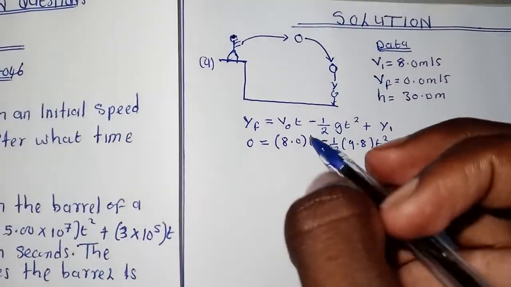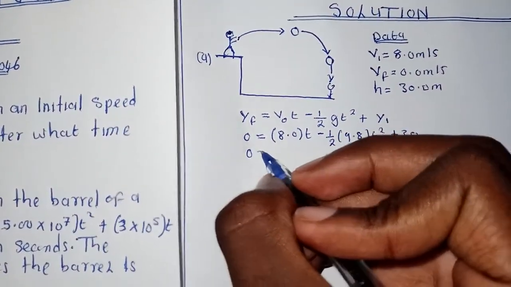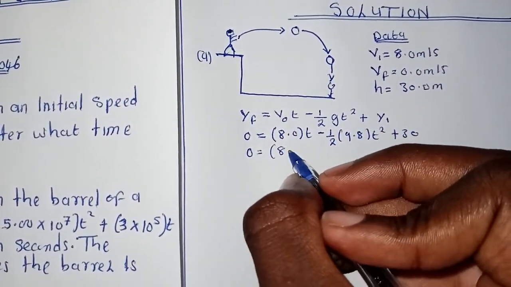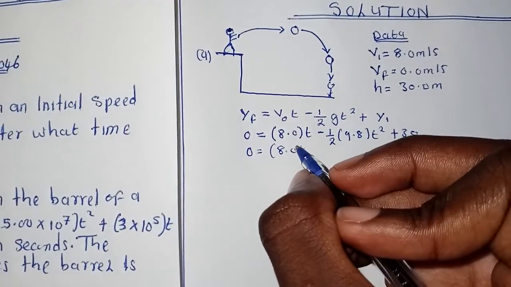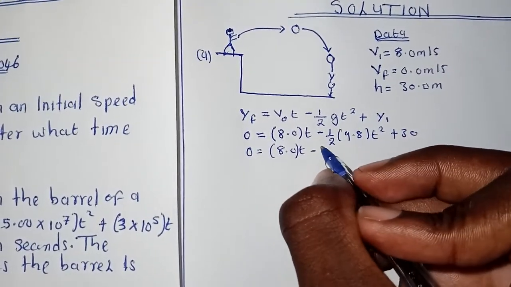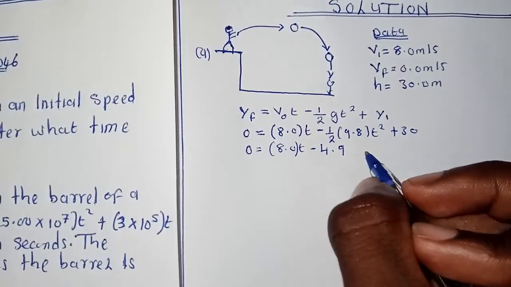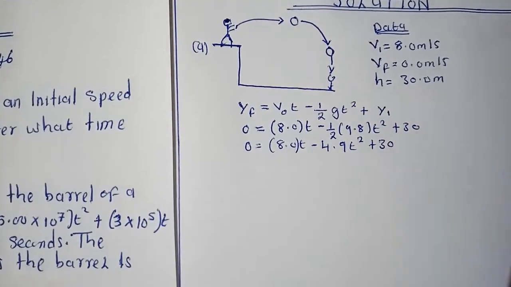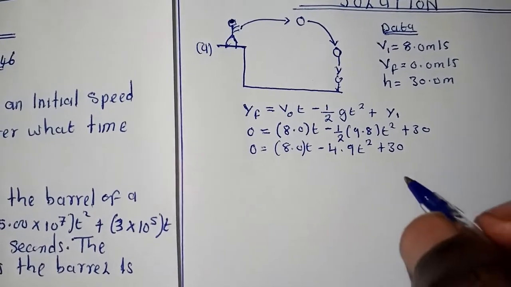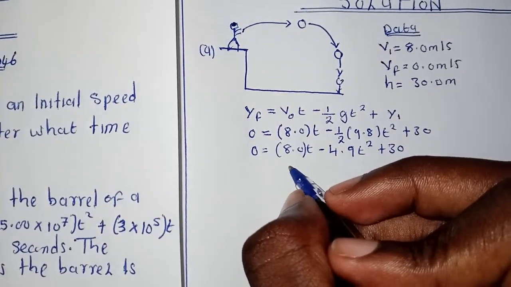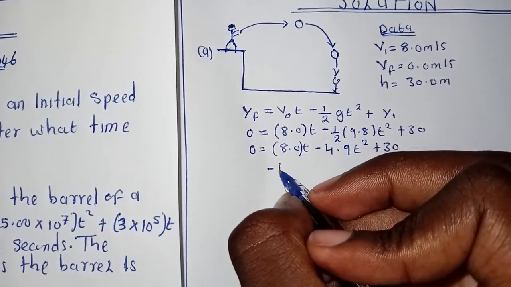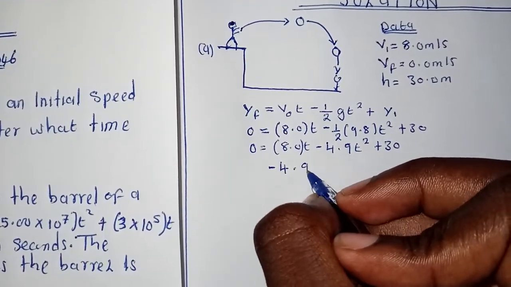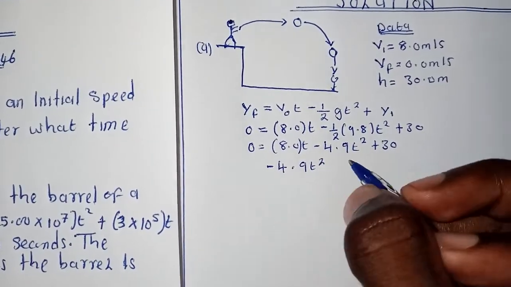From here, this is just the same as 0 is equal to 8.0 t minus 4.9 t squared plus 30. So when you reach here, I think everything is done. This is just the same as negative 4.9 t squared.